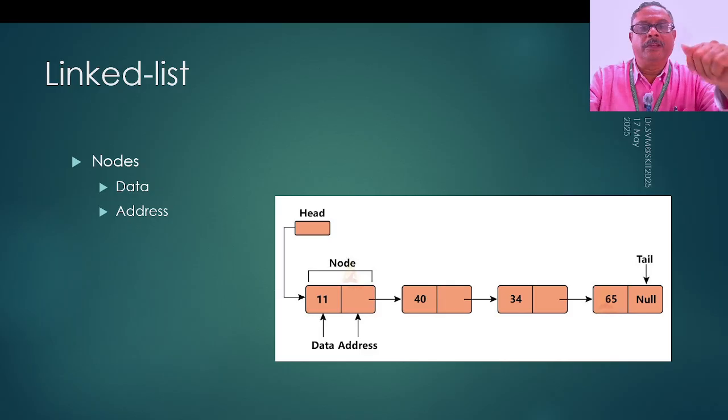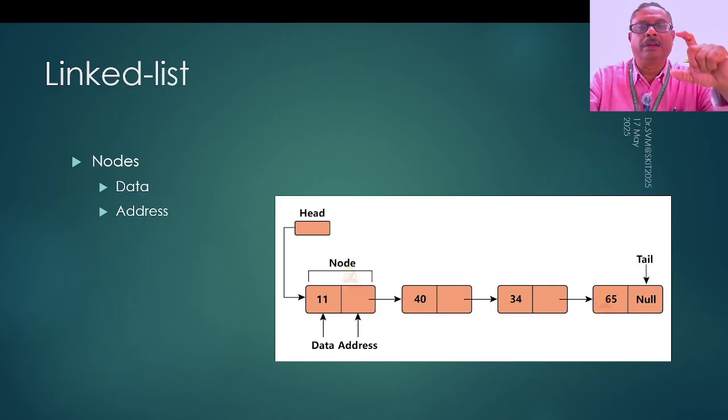One node means it should have sufficient contiguous memory to store the data, followed by another contiguous memory sufficient to store the address where the next node is situated.